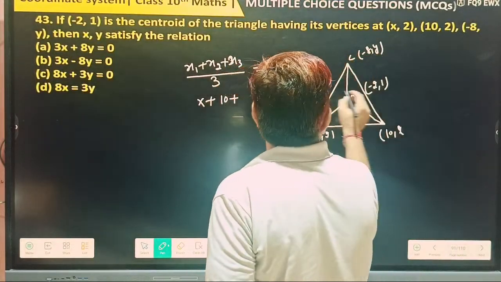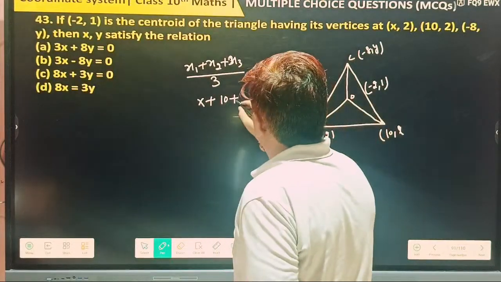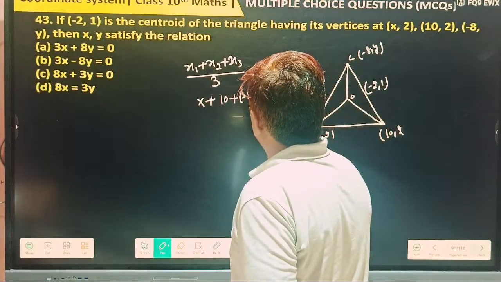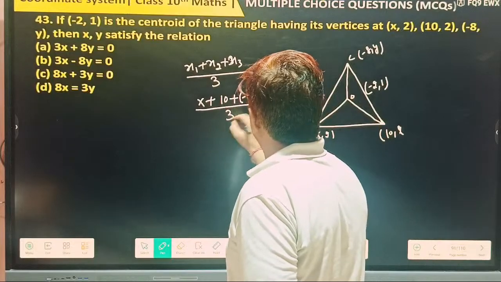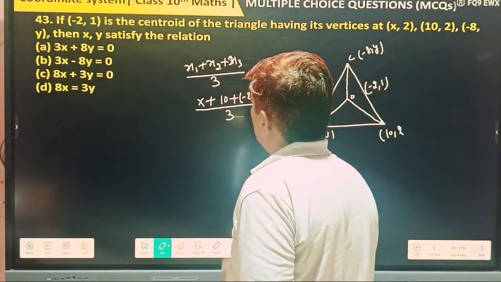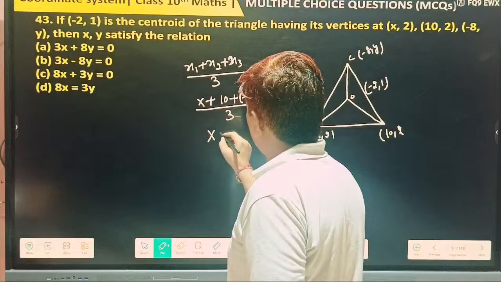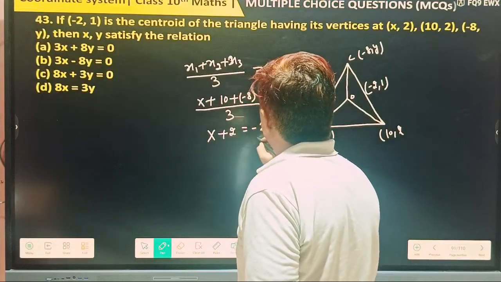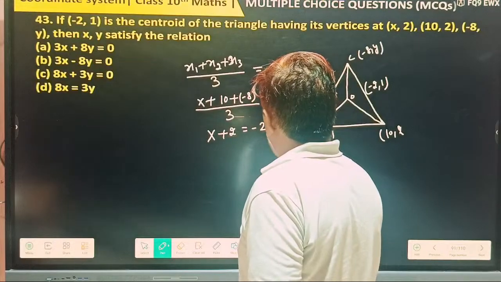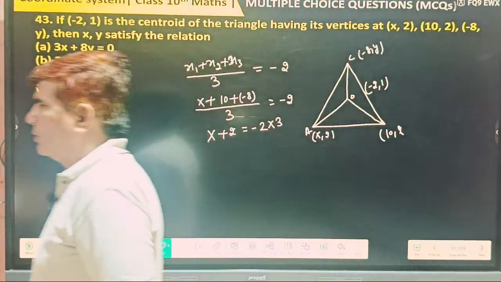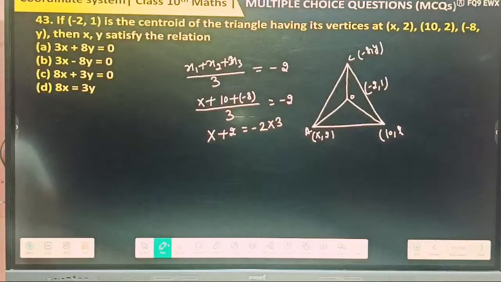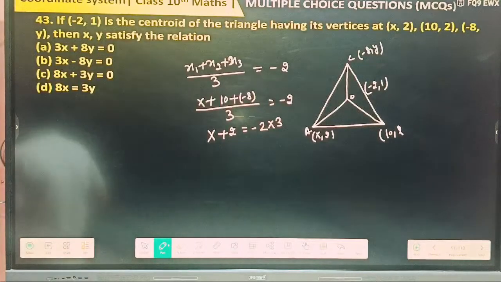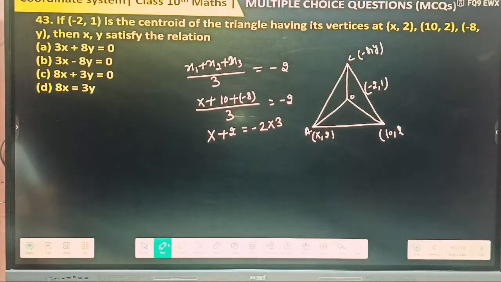There may be a problem in our calculation. See, this is minus 8, so minus 8 by 3 equal to minus 2. What does it become? x plus 2 equal to minus 2, 2 into 3. So what's coming? So this comes here, written x minus 3, 5 and 2.